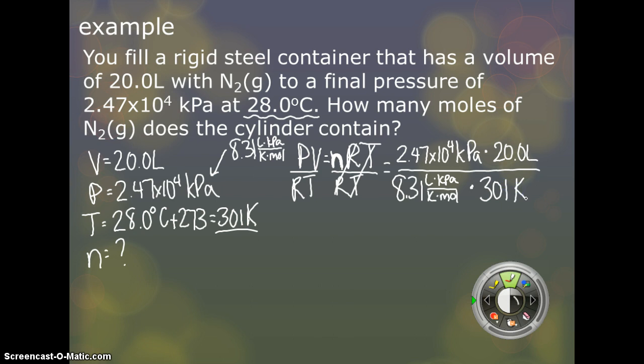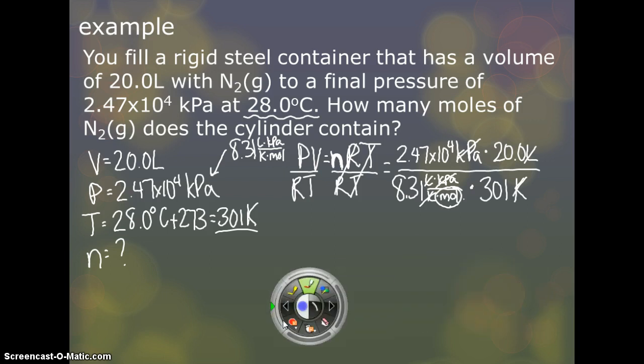Here's where writing your units comes in handy, because you can see that kPa over kPa cancels, liter over liter cancels, and Kelvin over Kelvin cancels. We're left with moles in the denominator of a denominator, which brings it up to the numerator. Since we're looking for moles, that's the unit we want.